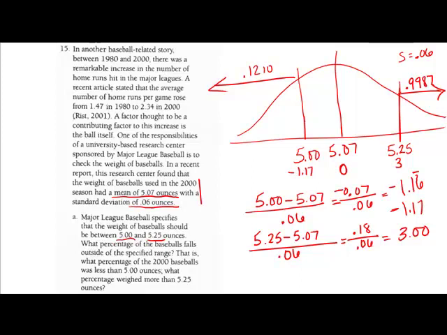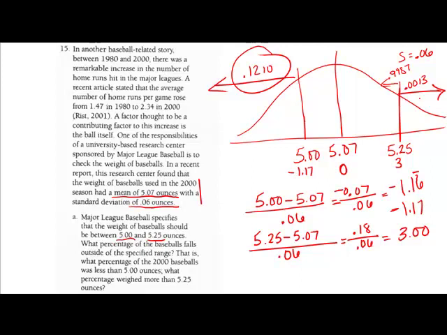Now that 9987 is actually this way, so I should have written it over here, which leaves how much that is greater than. Well, again, if I subtract it from 1. What percentage is less than 5? 12.10%, way less than the 5 ounces.